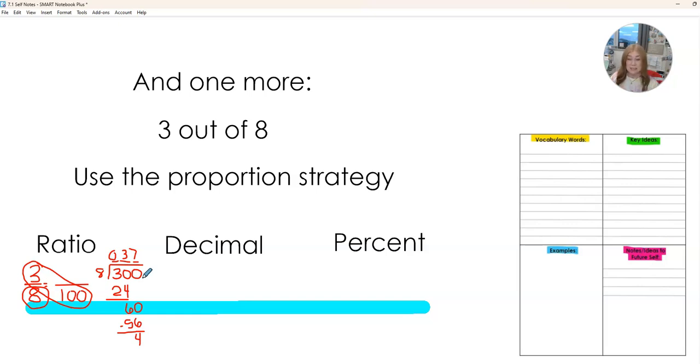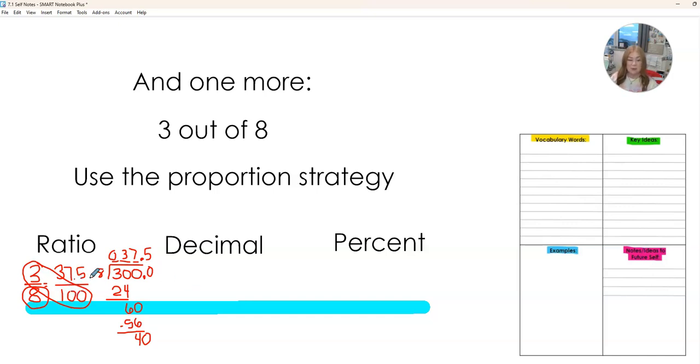We're going to write it as a decimal because that's what we're trying to turn it into. So we're going to add that decimal here and another 0. We're going to bring that 0 down. 8 goes into 40 5 times exactly. So my new ratio is 37.5 out of 100.